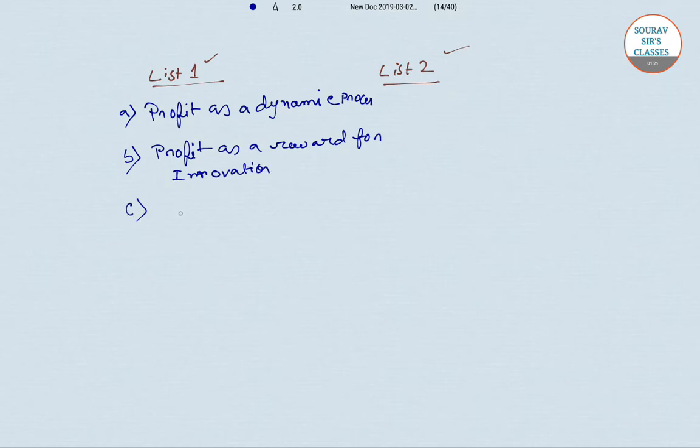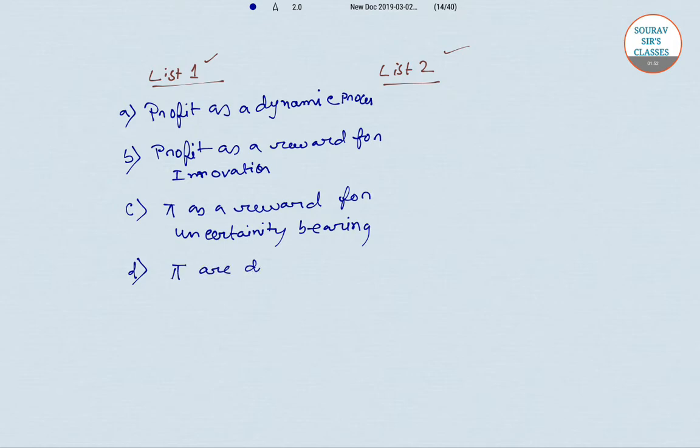The third option is given as profit as a reward for uncertainty bearing, and option D is given as profit are due to monopoly power.